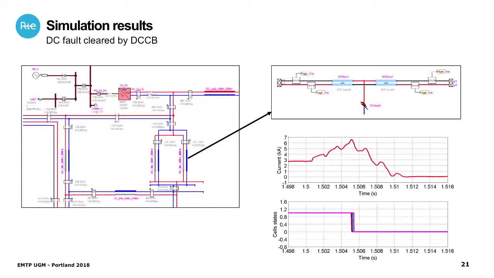We just send the order 5 milliseconds after the fault in order to simulate the time required to measure the fault, detect, and send the signal to clear the fault. So here, these are the different signals sent to the DC circuit breaker. You have the different branches here, and you see the decrease in the DC current in order to stop the DC and to clear the fault.